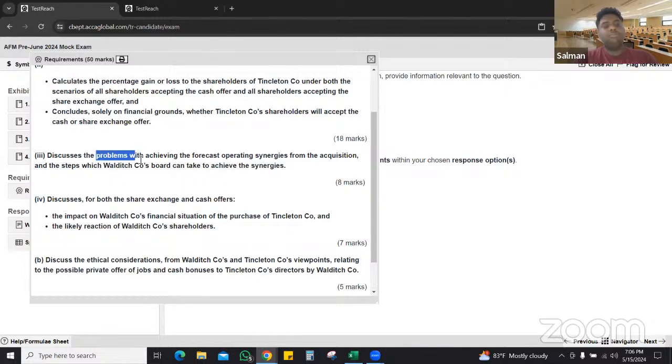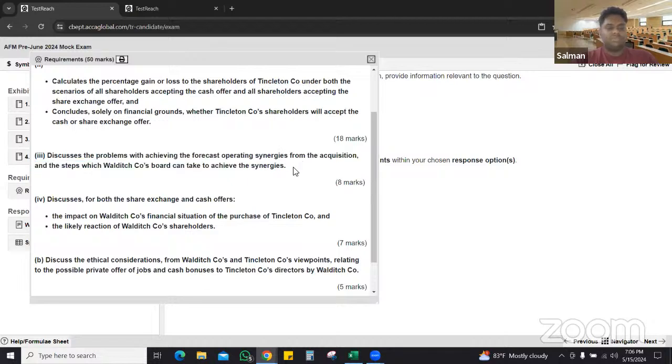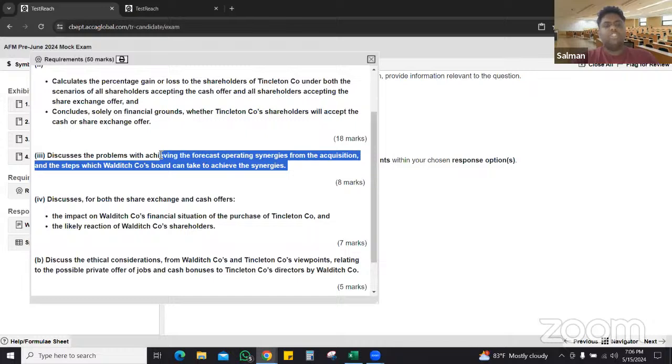Discuss the problems with achieving the forecast operating synergies from the acquisition and the steps which Walrich company's board can take to achieve the synergies. Theory, 8 marks. Problems in achieving the forecast operating synergies. My goodness, all of these are estimations. So you have to discuss factors that will cause these estimations to not occur.